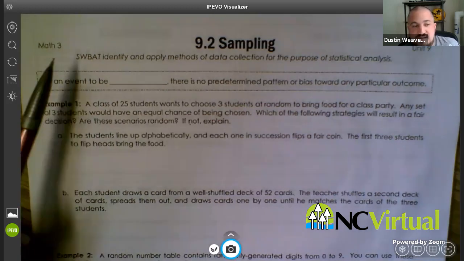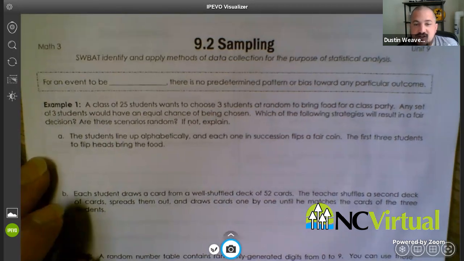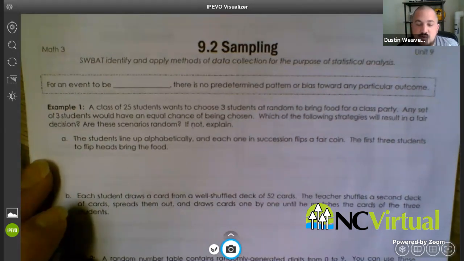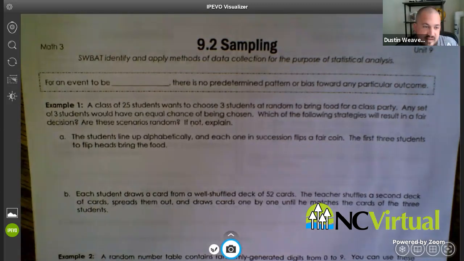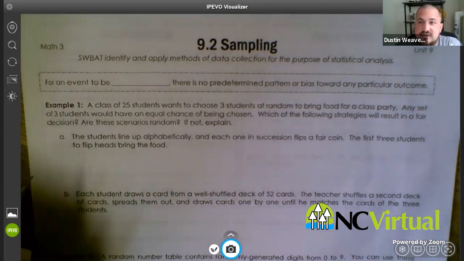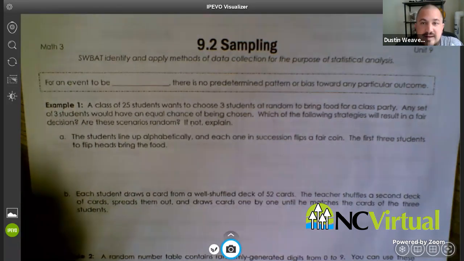So the goal of this section is to identify and apply methods of data collection for the purpose of statistical analysis. And the goal here is for an event to be random.